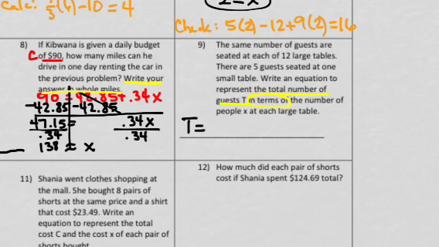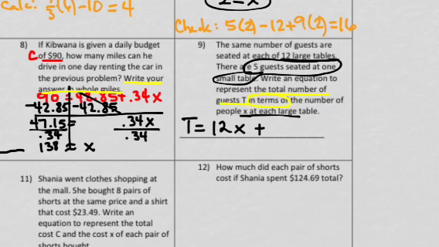So back here it says 12 large tables, and there are X people at each large table, so that's 12X. And then it says that there are 5 guests at one small table. So we have to add those 5 guests in. And that is the equation we needed.